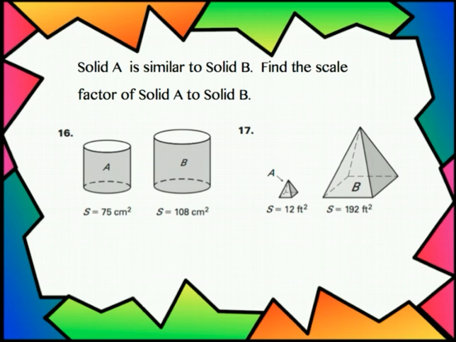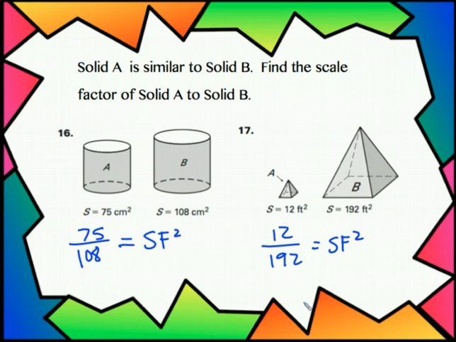Now surface area. If you do surface area over surface area, it equals the scale factor squared. So how do we undo that? We do the square root. Now when you do this, you can put a little 2 here, but that's kind of implied. If you just do that, it's implied that you're doing the square root.